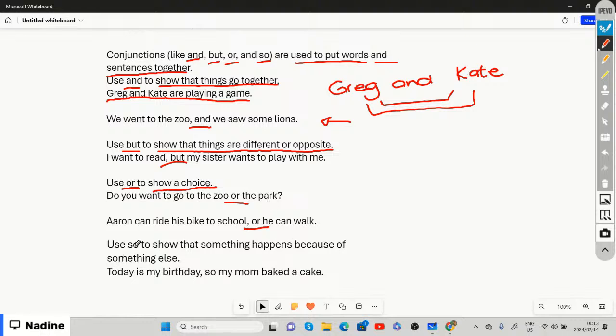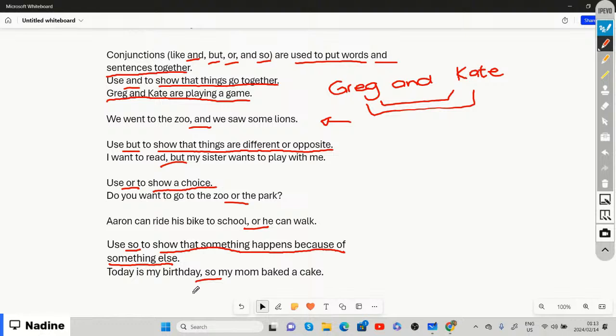And we use the conjunction so to show that something happens because of something else. So today is my birthday. So my mom baked a cake.